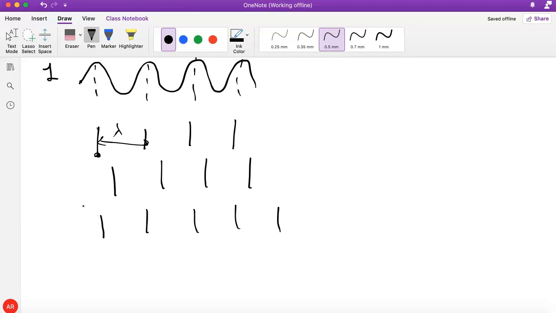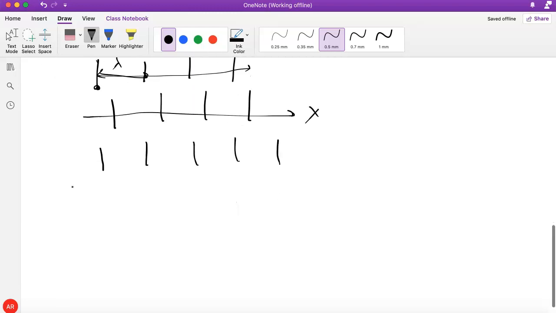So that's one picture to think about it. You have these wavefronts that are put into the medium by the source, and then they just move away in one dimension, away from the source. Let's say that's the x-axis.